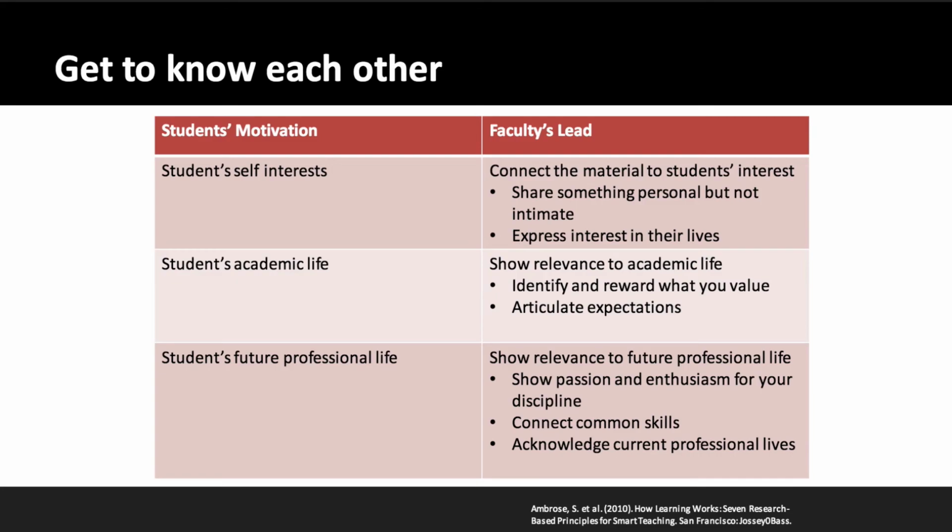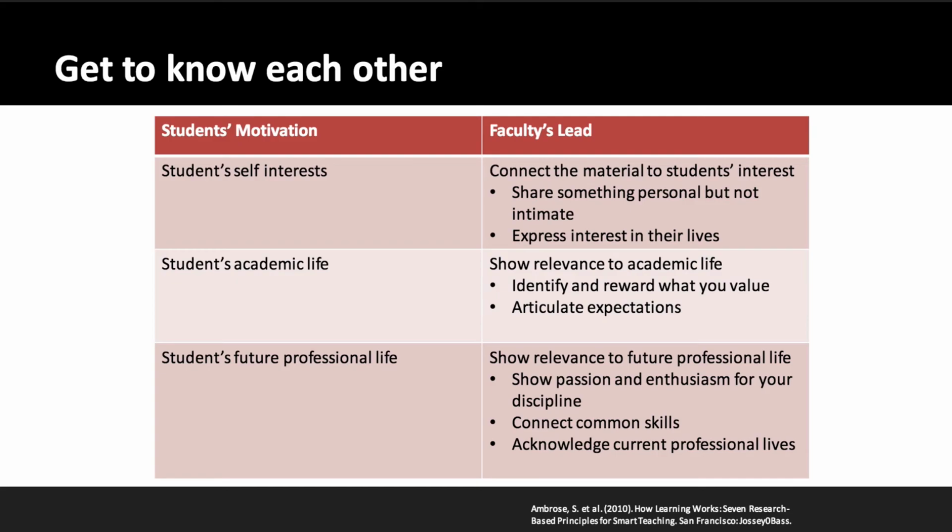But beyond that, make sure, I should probably reverse these. Let them know what your expectations are in order for them to be able to meet your expectations, and how this is going to relate to their particular academic growth in this course. But then also identify and reward what you value.